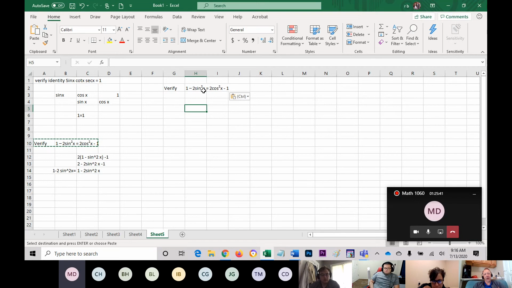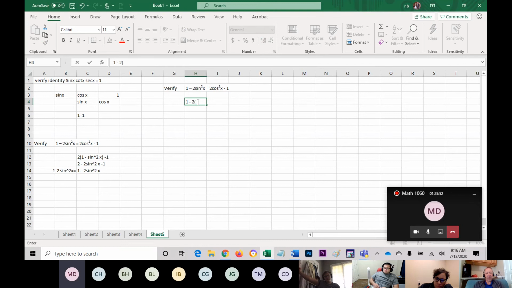We could rewrite sine squared of x as 1 minus cosine squared of x. Okay, so I've got 1 minus 2 times 1 minus the cosine squared of x, right? Right. So what could we do then?